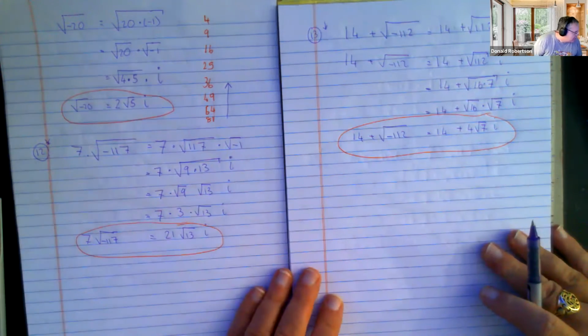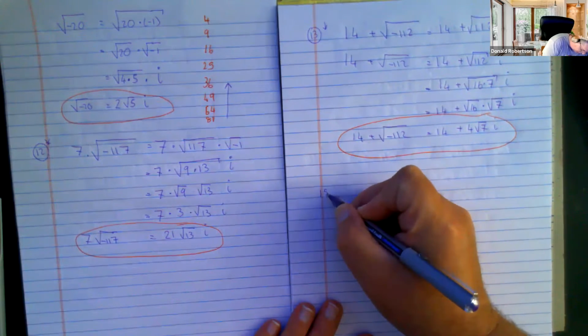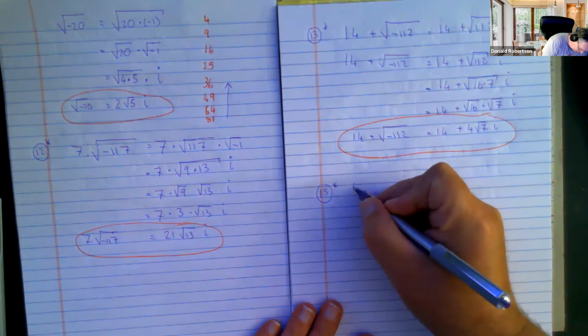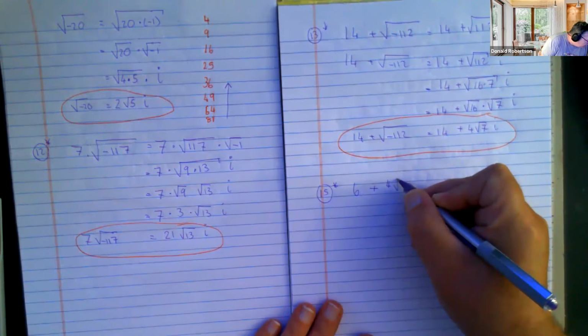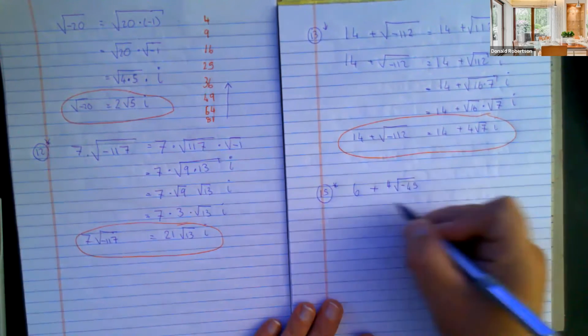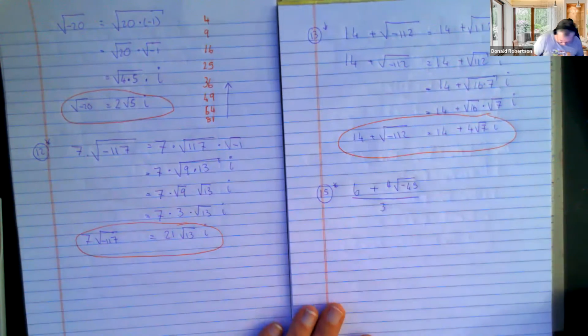The next question is a little bit different, just a little bit, enough to perhaps cause issues. It's 6 plus 4 square root of -45, which is pretty normal. And then you have this whole lot over 3.